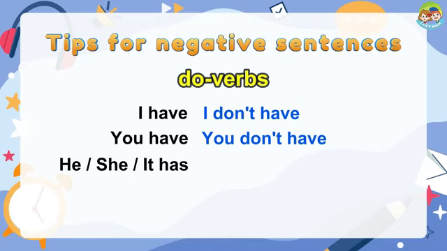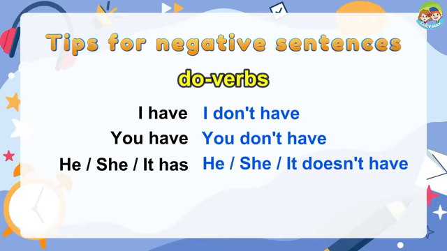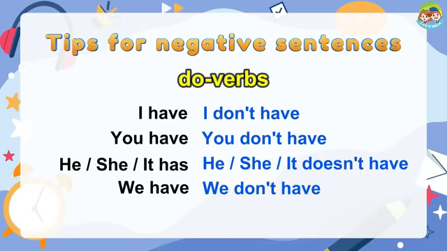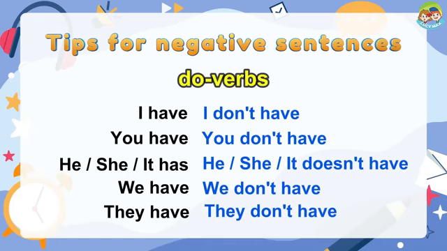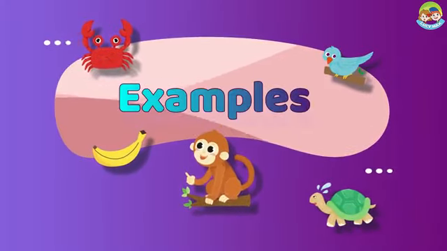The negative is he, she, it doesn't have. We have. The negative is we don't have. They have. The negative is they don't have.